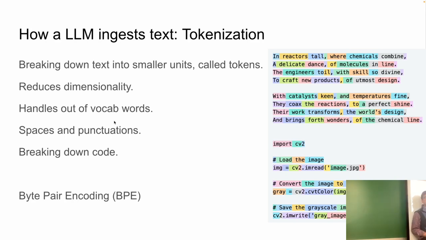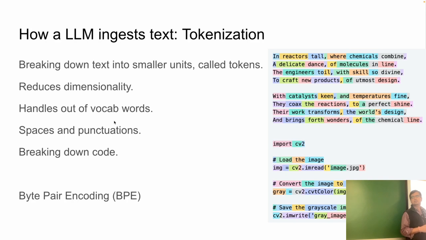Is that always the case, or in some scenarios are multiple words combined to form a token? Typically not multiple words, but a word can be broken down into two tokens. For example, you see "toil": "to" is a different token and "il" is a different token. So a token can be either a word or a subset of a word.